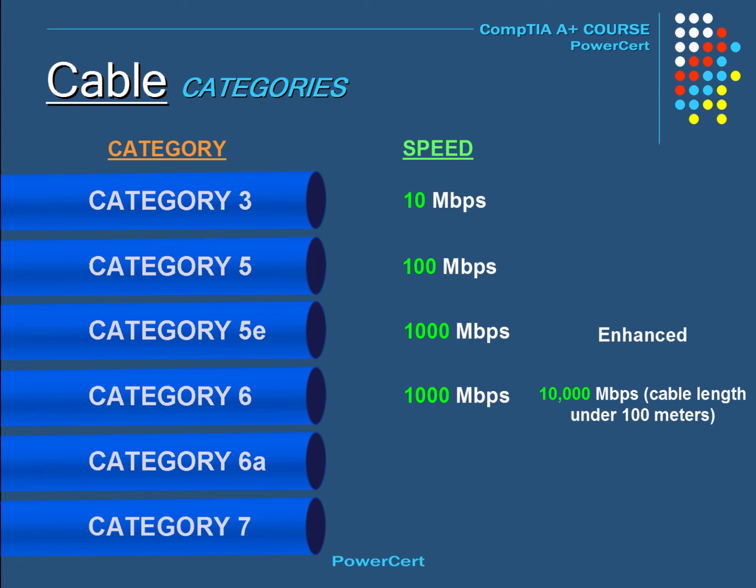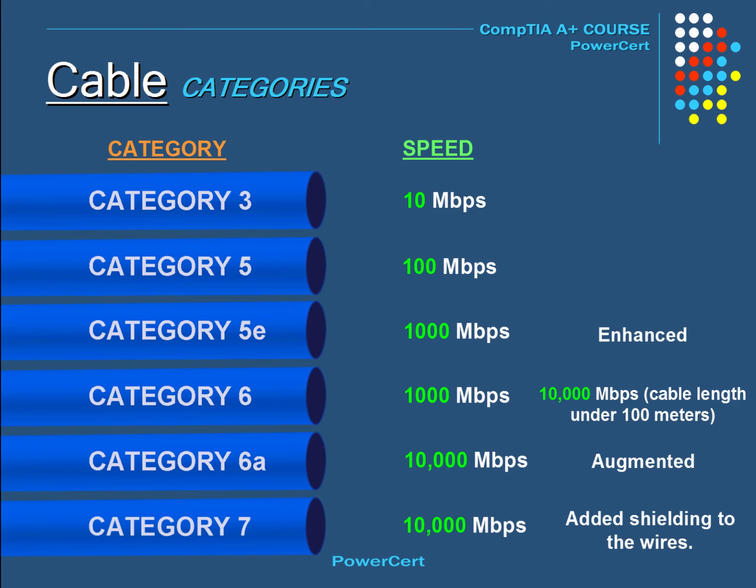Category 6A, or Augmented, has a max speed of 10,000 megabits per second, and unlike Category 6, this has a maximum length of 100 meters. And last, there's Category 7, and Category 7 also has a speed of 10,000 megabits per second. Now, Category 7 is basically a heavy-duty version of Cat 6, with added shielding to the wires for better protection against interference.